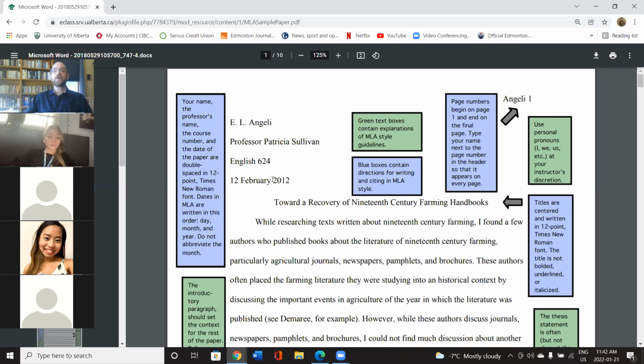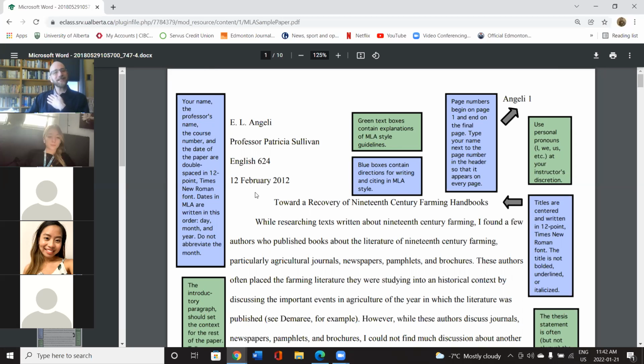Here's the title. Notice that it's 2 spaces below this introductory information, and it's 2 spaces above the beginning of the actual essay. So everything is double spaced. Notice that the title, of course, functions as an appropriate title: toward a recovery of 19th century farming handbooks.